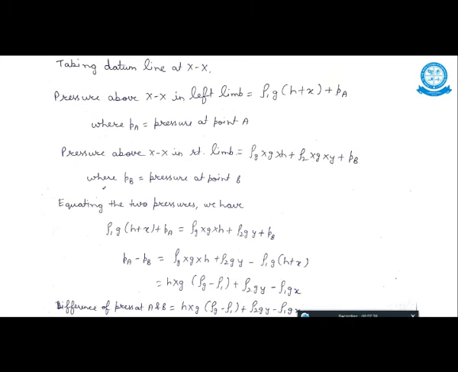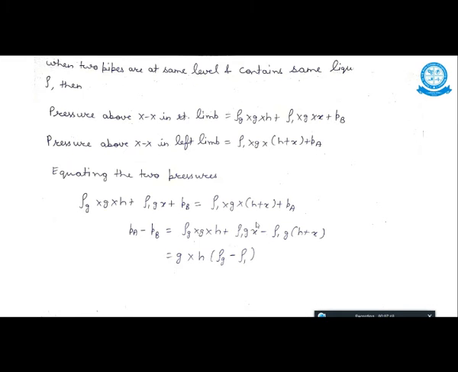So the difference of pressure at A and B is equal to h into g in bracket rho g minus rho 1 plus rho 2 into g into y minus rho 1 g x. In this way we can calculate the pressure difference when two pipes are at same level.